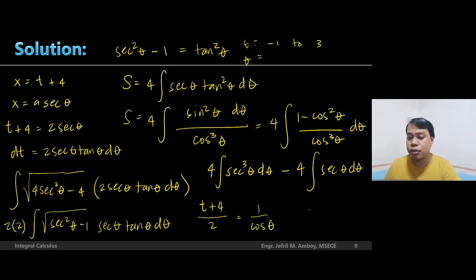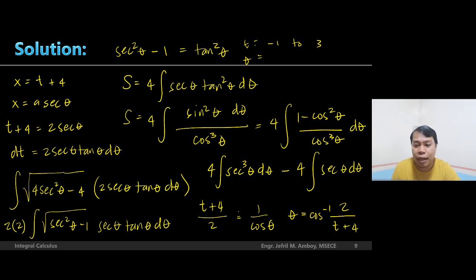Ano? Tapos, of course, meron akong theta kasi ang hinahanap natin is theta. Is equal to 2 over t plus 4 and then cosine inverse. Ayan. Now, so yung lower limit natin, so from here, cross-multiply mo lang yan, di ba?